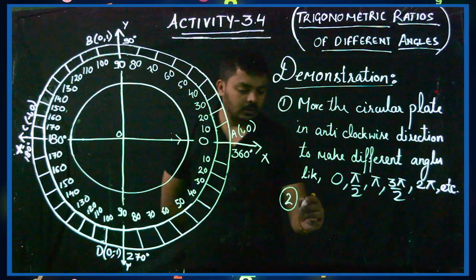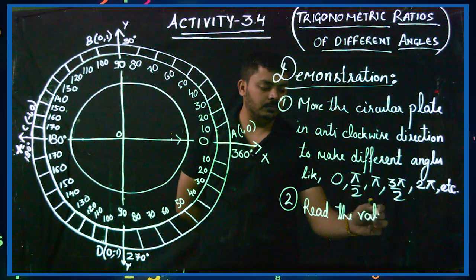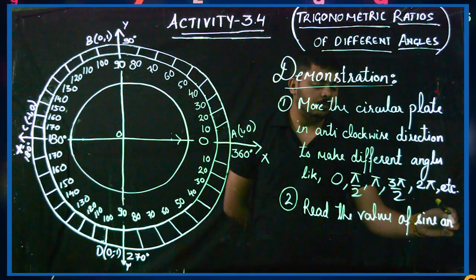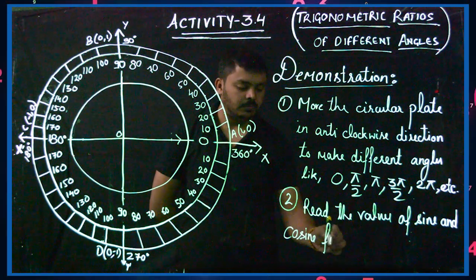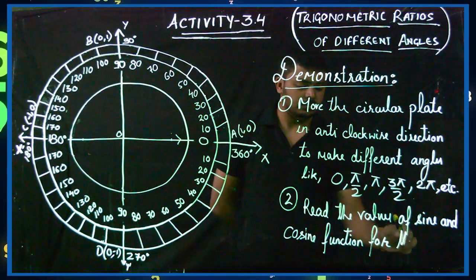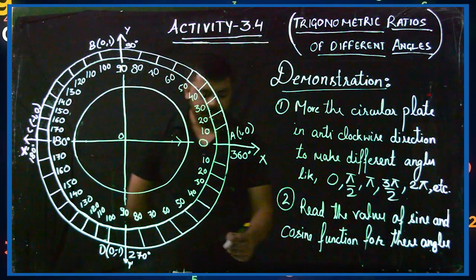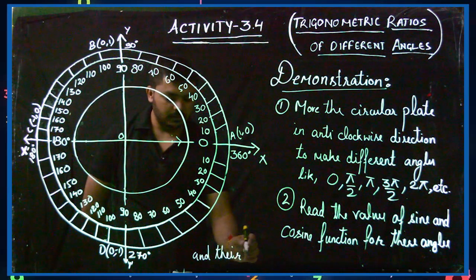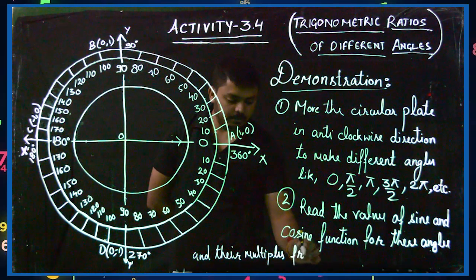Now read the values of sine and cosine functions for these angles and their multiples from the perpendicular lines.